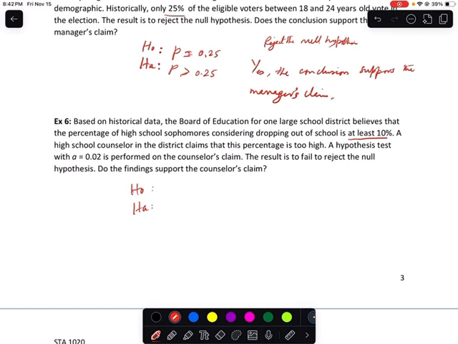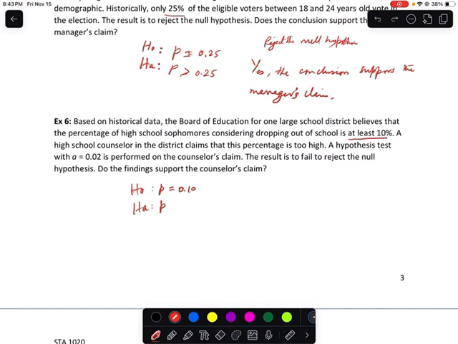Okay, so we have P equals 0.10, is too high, so it will not be.